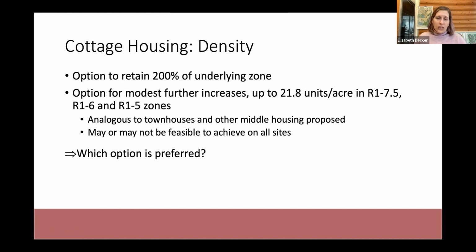If we're allowing it for one, let's just have some more flexibility. I've seen some studies that say that cottage development can be done up to about 25 units per acre. That's not to say that's feasible or desirable on every site, but is it useful to add? So looking for your feedback there. And that's the cottage housing overview. Phil, I'll turn it over to you for some comments.